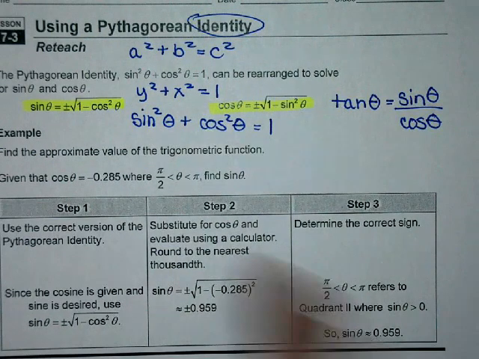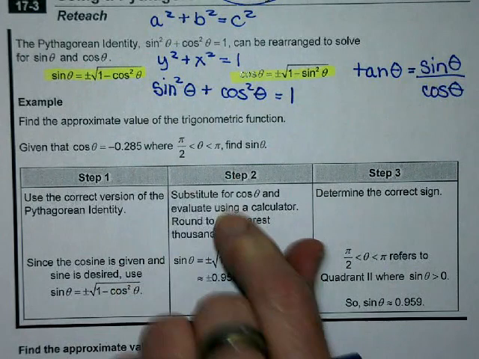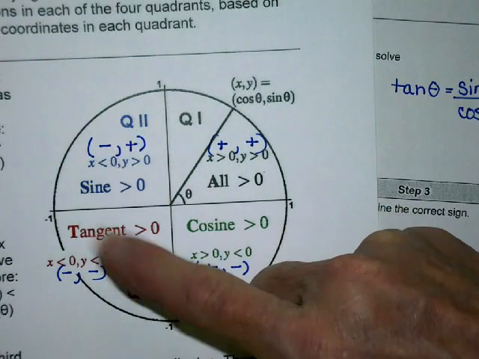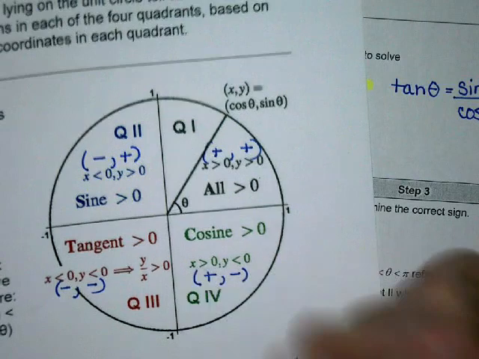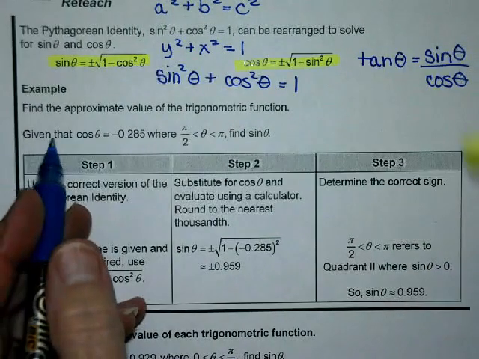It could be negative. So how do I know which one to use? Which quadrant does it live in? That's why I brought this in. So depending on what quadrant I'm in, that's the sign of my answer. S-I-G-N. That's confusing.